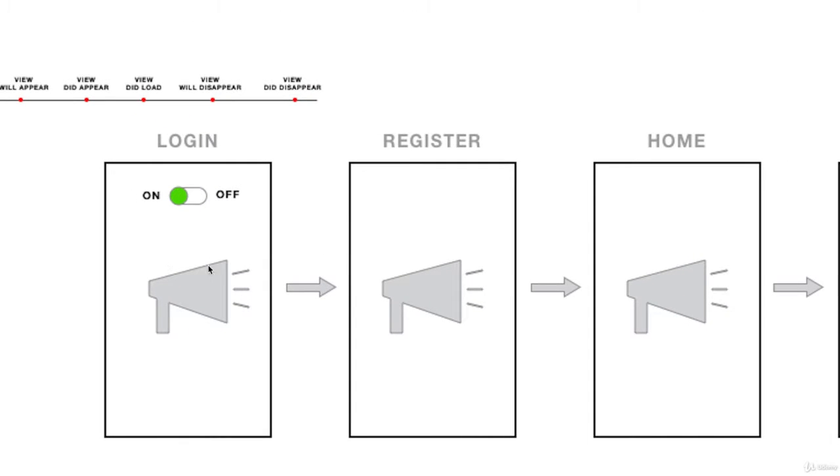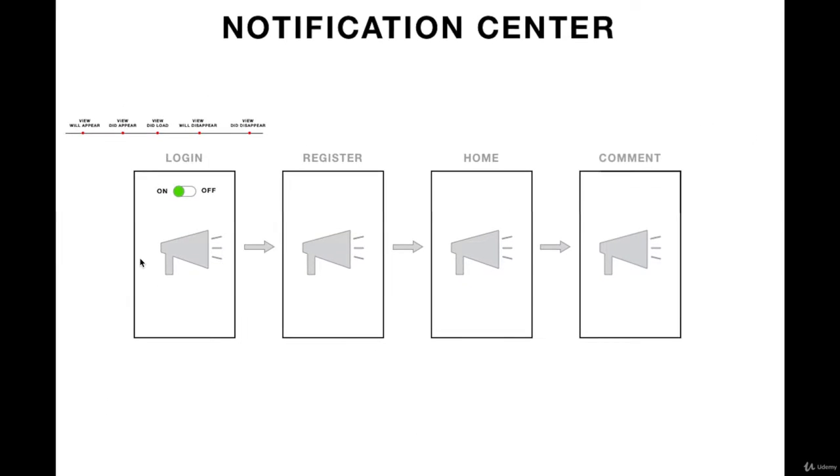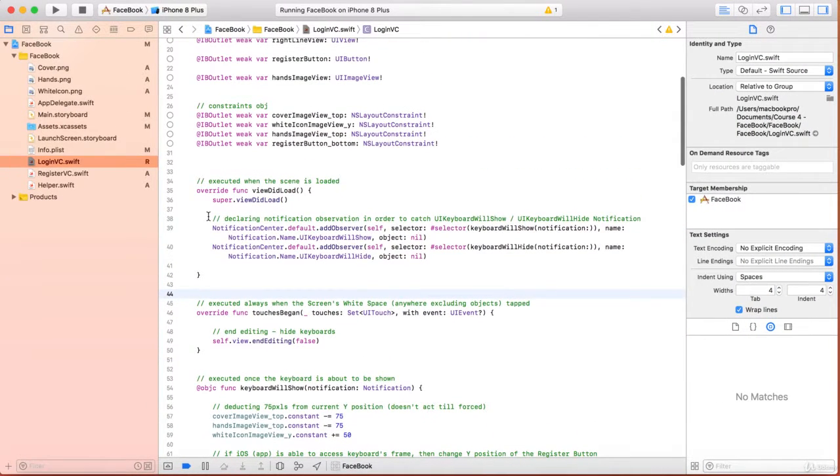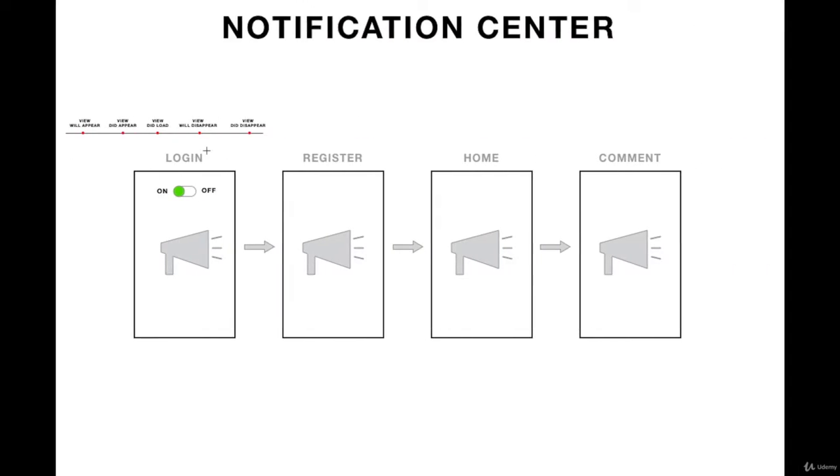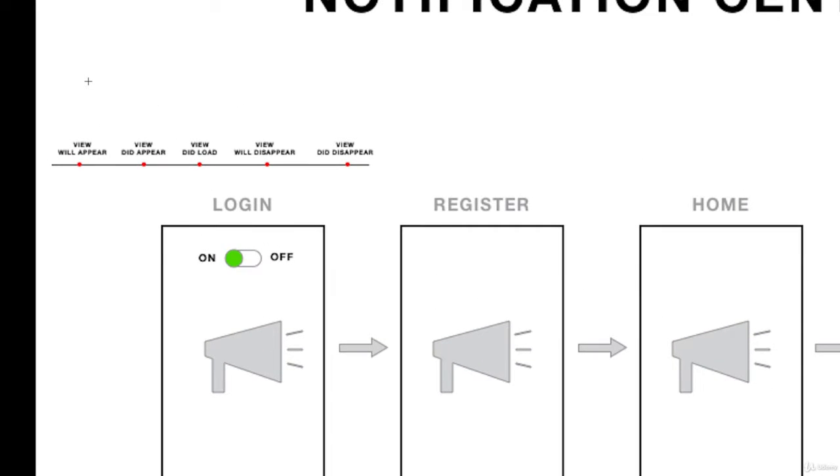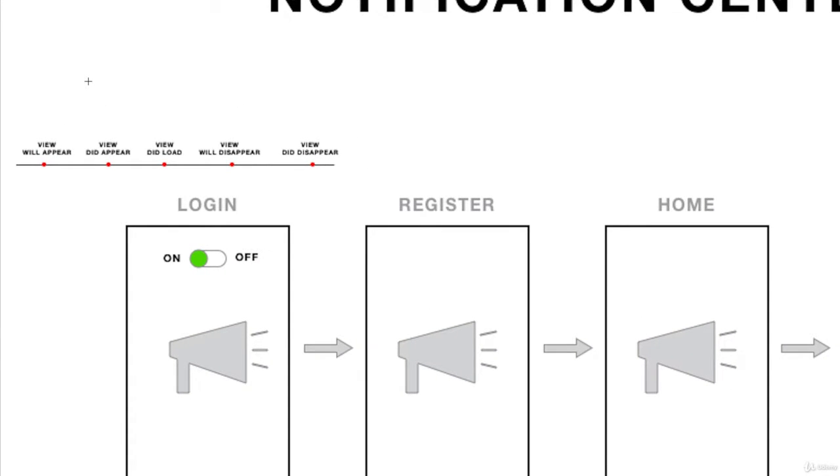So we turned on our notification center in view did load right over here, and we need to switch it off whenever we are leaving our login view controller. So here are the steps and the chronology of how the protocols and functions are executed.